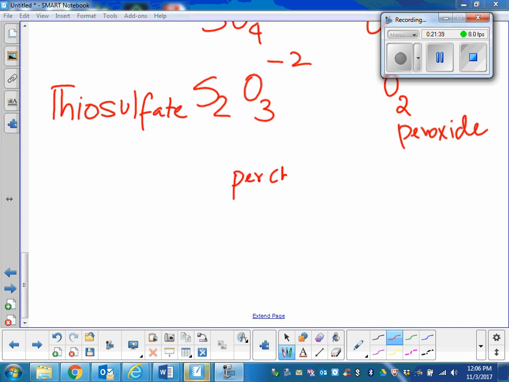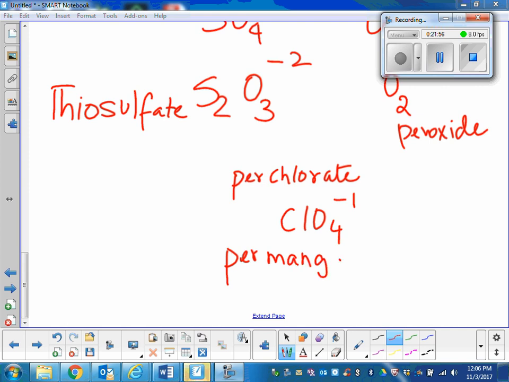What is perchlorate's formula? Anybody remembers? ClO4 minus 1. Can somebody tell me what permanganate will be?